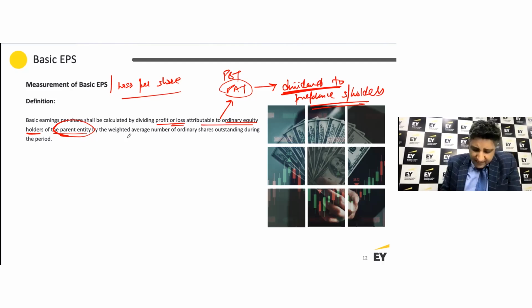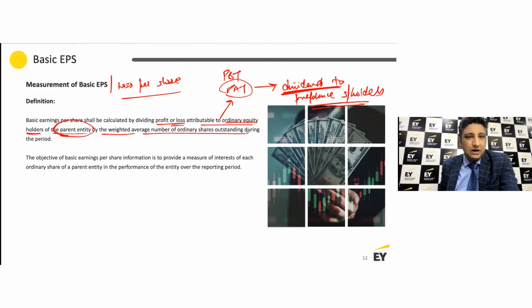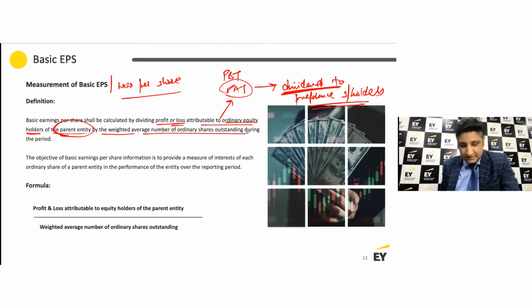The denominator is the weighted average number of ordinary shares outstanding during the period, right? It is not the number of shares outstanding. It is a weighted average number of shares outstanding. Let's try to understand why this thought process.